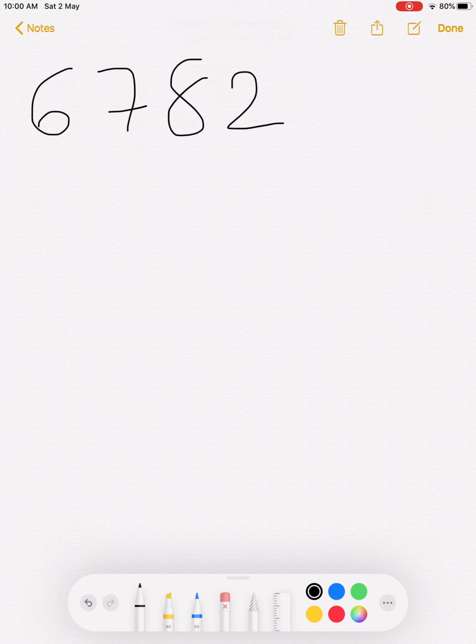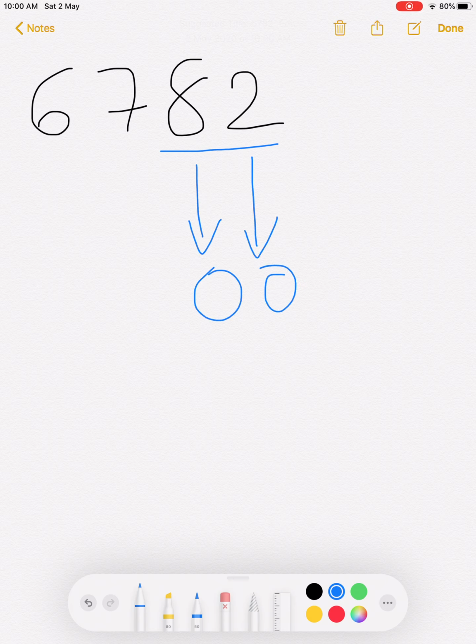One more question you see here also, 6782. For making 100 we consider the ones and tens place, and we put ones and tens place 0, and then we consider the number made by the ones and tens. It is 82. We know 82 is more than 50, so if it is the more condition, we add 1.